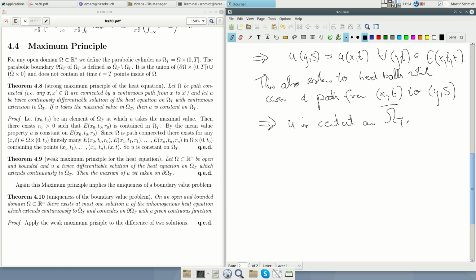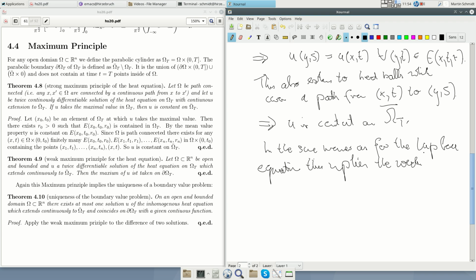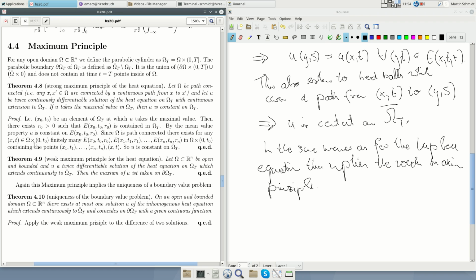And again this implies the weak maximum principle, in the same manner as for the Laplace equation. What is the weak maximum principle?